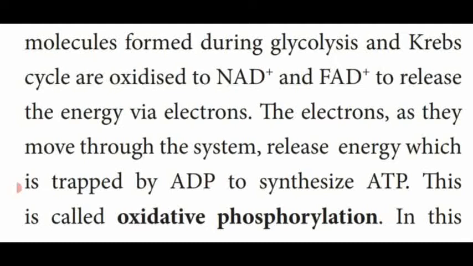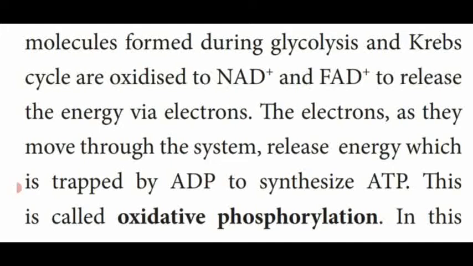This released energy is trapped by adenosine diphosphate, that is ADP, which combines with one more inorganic phosphate. ADP has 2 phosphates, and only when another inorganic phosphate is added does it produce ATP, adenosine triphosphate. Since 2 phosphate molecules are present and one more is added, 3 phosphate molecules are formed. So this is the energy storing substance named ATP.